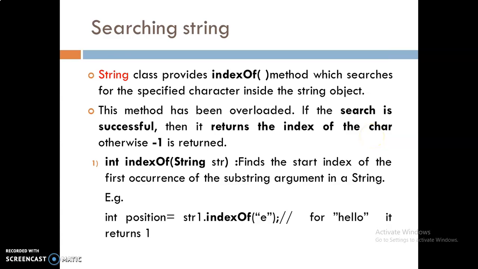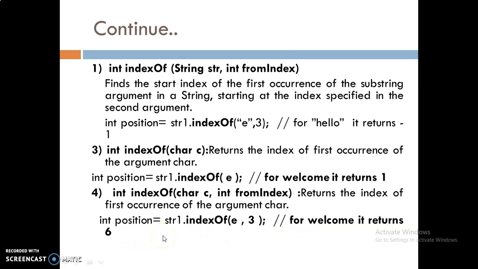If not found, then it will return -1. So we are using the indexOf function, and why is it a string? Because here you can see double quotation marks. Even though it is a single character, it is in double quotation, that's why it is a string. By using this indexOf function, you are trying to search for the string E, and if it is present, then it will return the value 1.